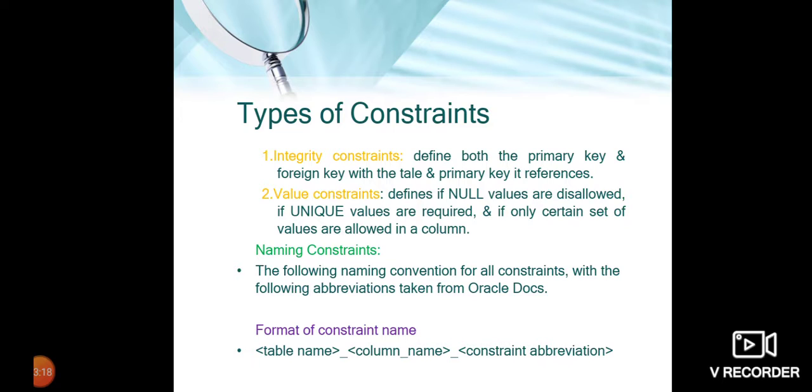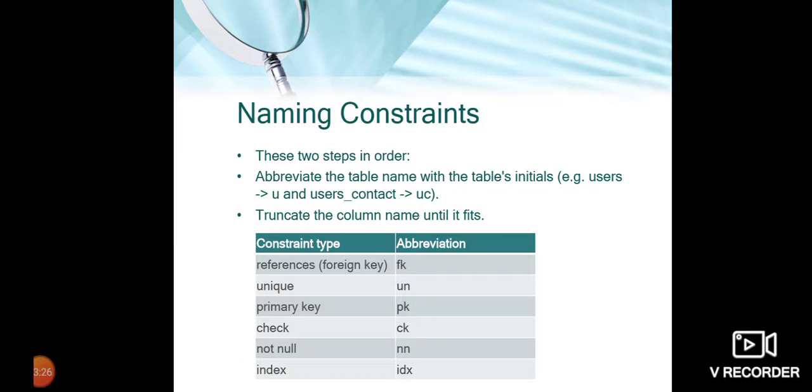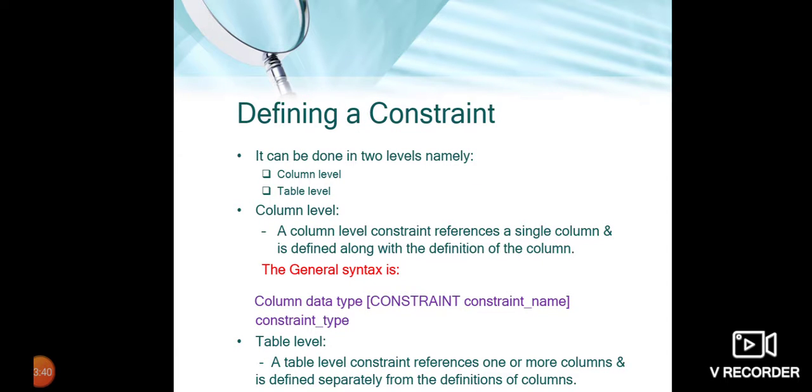How will you give a name for a constraint? There is a format: table name, column name, constraint abbreviation. There are 7 constraints, and each constraint has its own abbreviation. For example, PK stands for primary key, FK stands for foreign key, UN stands for unique key, and so on.